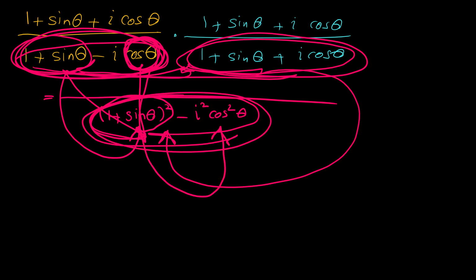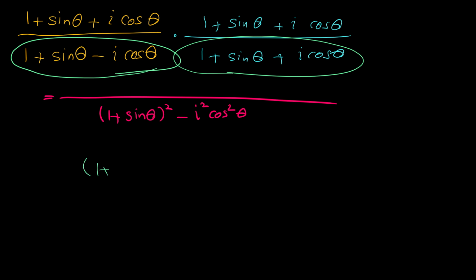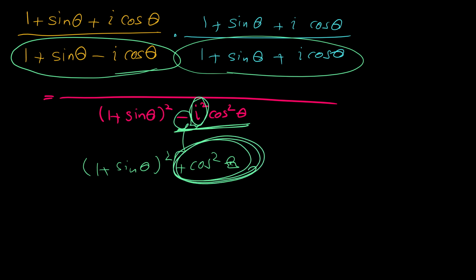So instead of writing this answer in this form, if we multiply this by this, the answer is (1 plus sine) to the 2 plus cosine to the 2. And if you simplify this, I to the 2 is negative 1 times negative, so at the end you would get cosine to the 2.